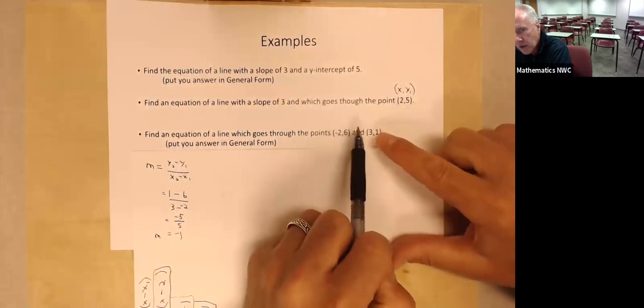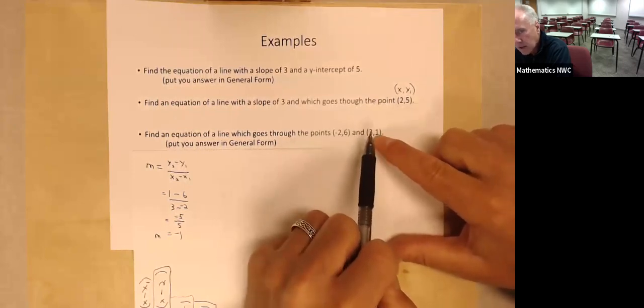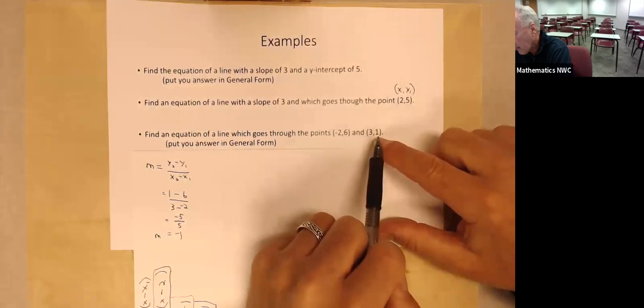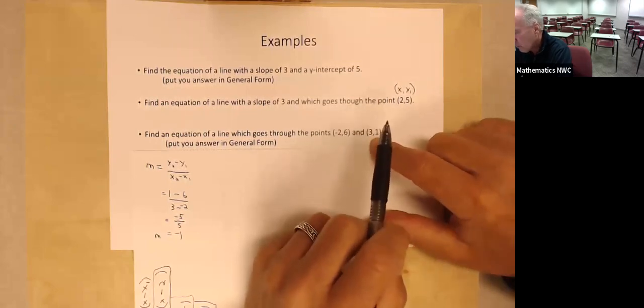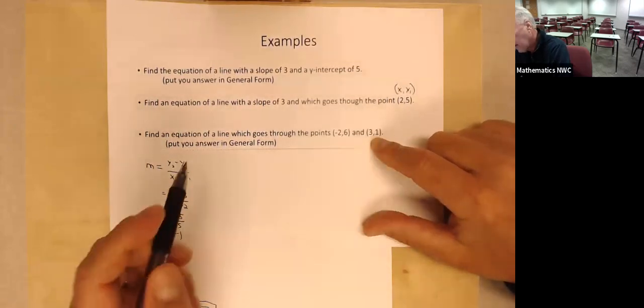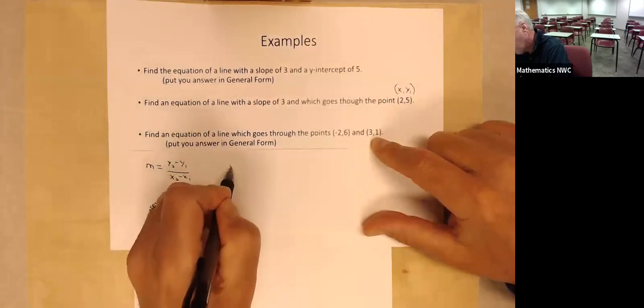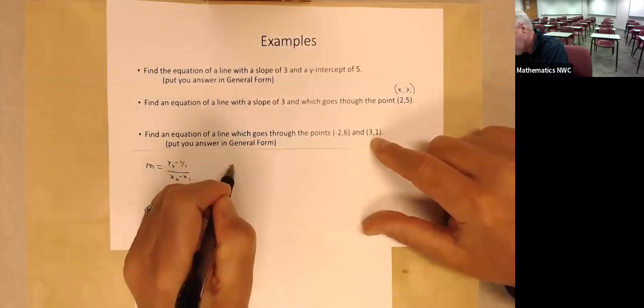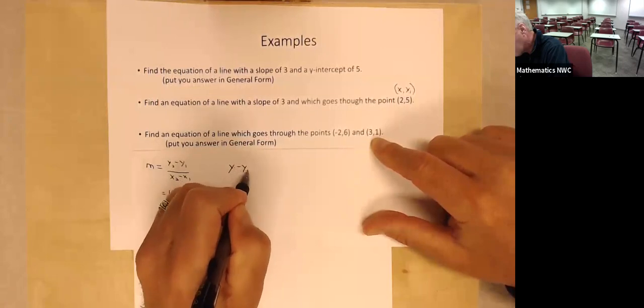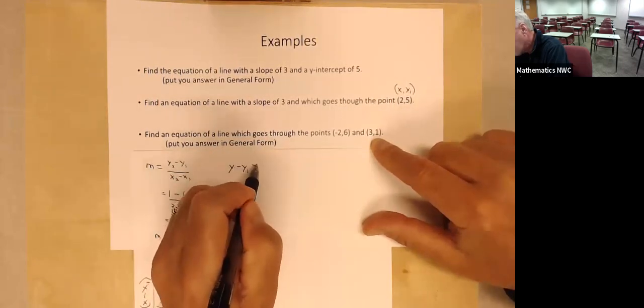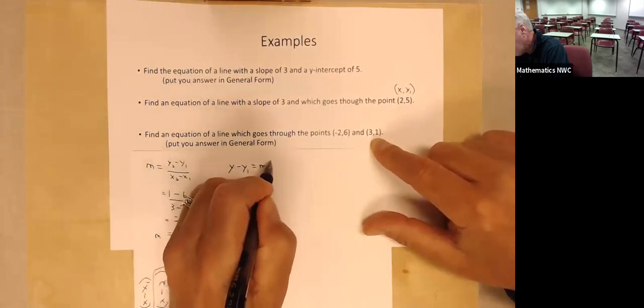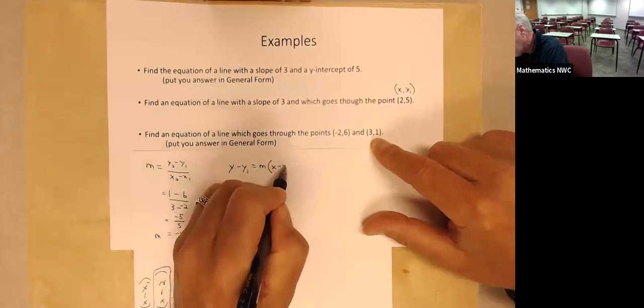I can choose either one of these as a point on the line and then use that point-slope form. So going to that point-slope form, like we did in the second example here, it was y minus y1 is equal to m times x minus x1.